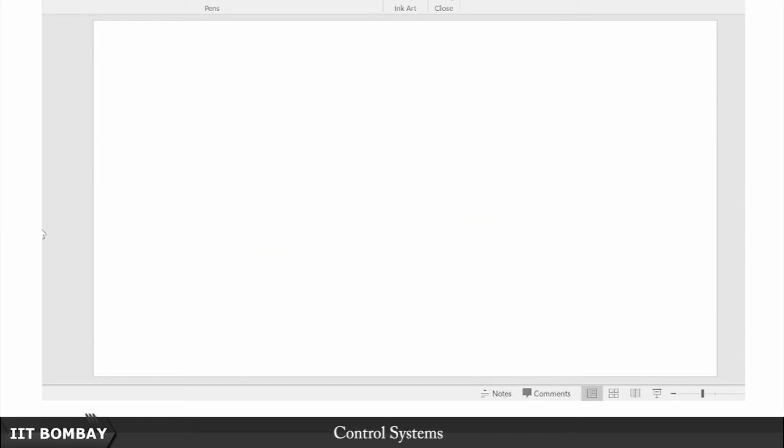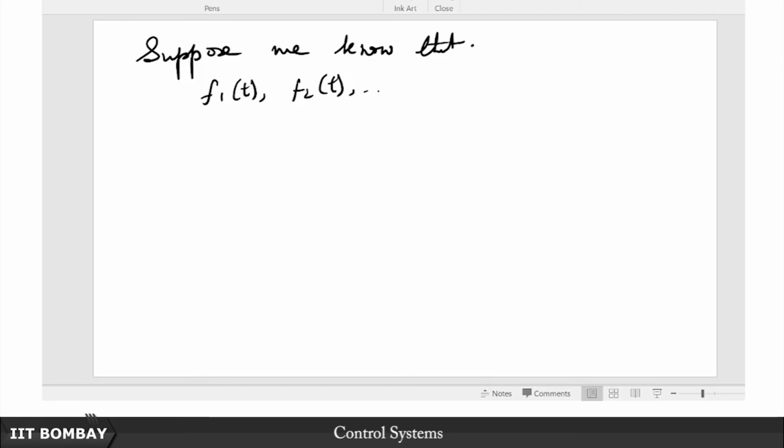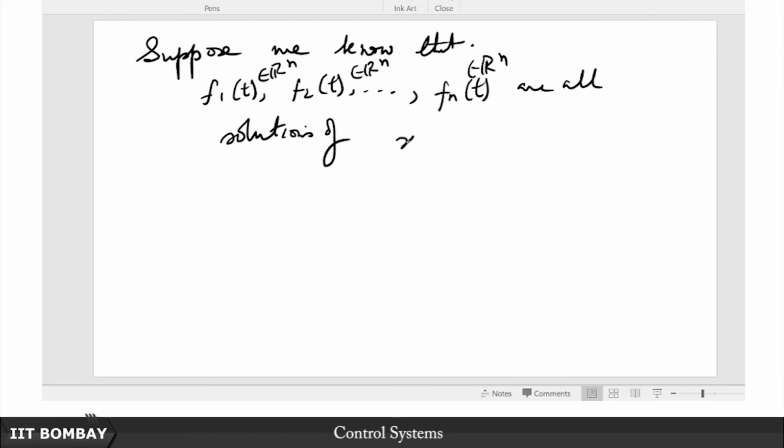So here what we start with is that suppose we know that f1(t), f2(t), dot dot dot, these are all functions of time, and these are all n-tuples by the way, till fn(t), are all solutions of x dot (t) equal to A(t) x(t).